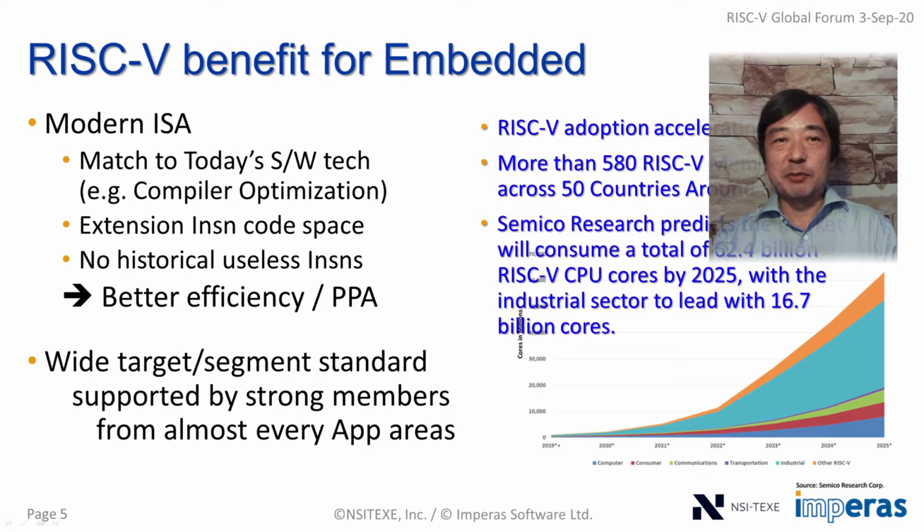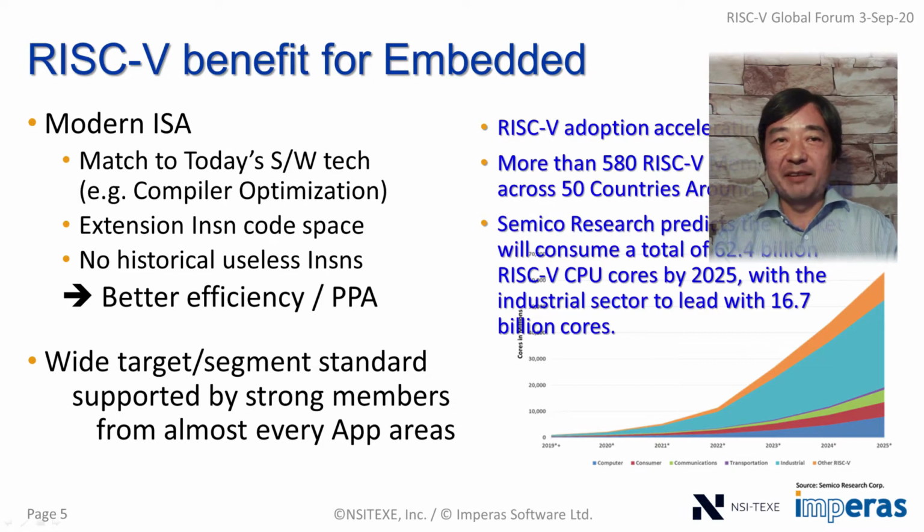My major experience is as a processor architect over 25 years, so I know many examples where the history of an instruction set architecture constrains itself. RISC-V is a much more modern definition and still has enough space for extension.